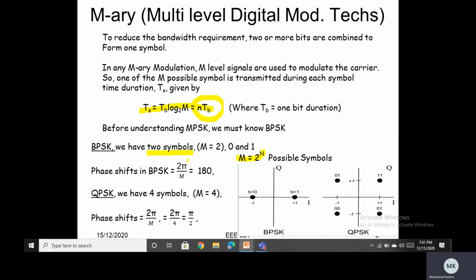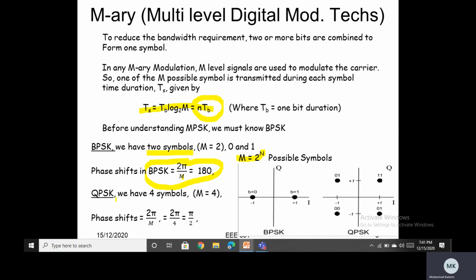That can be calculated using this simple formula. So phase shift of BPSK is equal to 2 pi divided by M. In case of BPSK, the value of M is 2, so when we divide 2 pi by 2, the phase difference between two symbols is 180 degree or pi.